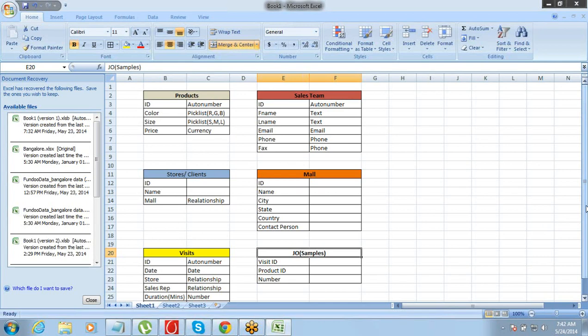Clear on it? So this will be a relationship with the visit, and this will be a relationship with product.